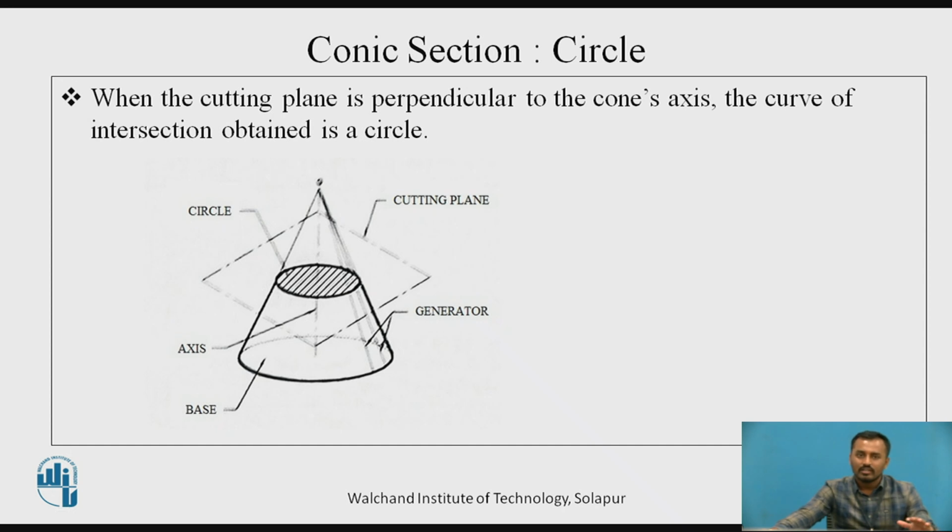When the cone is cut with a cutting plane perpendicular to that axis, we get a circle when the cone is viewed from the top. In this way the circle is generated.